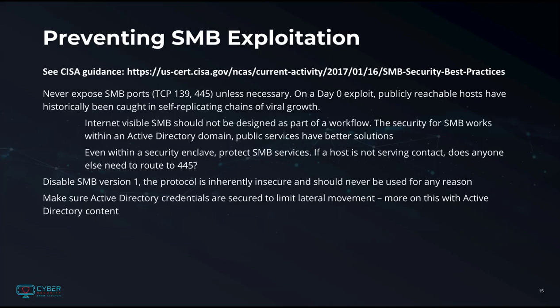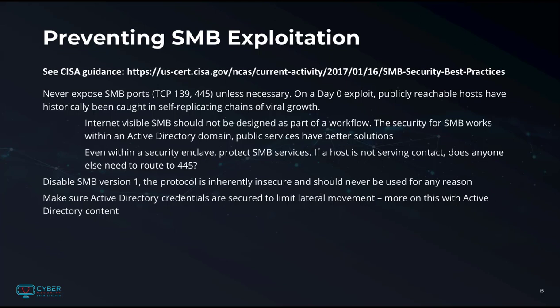And so locking things down so that only the ports are exposed that are absolutely needed for business workflows is a good way to slow things down if a zero-day is launched and someone is able to get in. And also, if somebody has credentials, it slows things down a little bit more as they're less able to pivot around the network. Another good step is disabling SMB version 1.